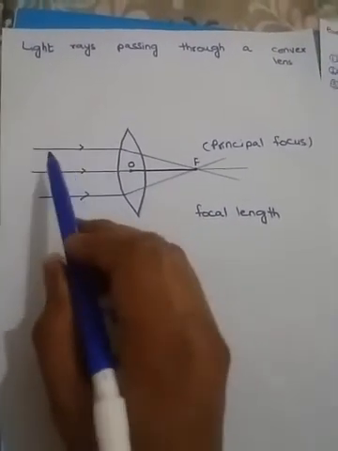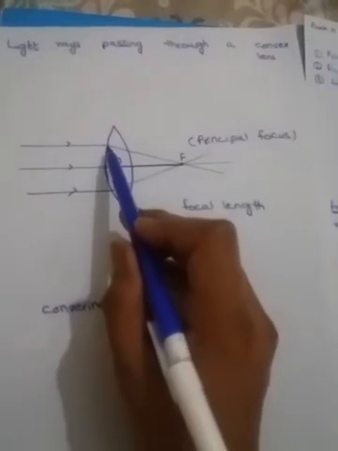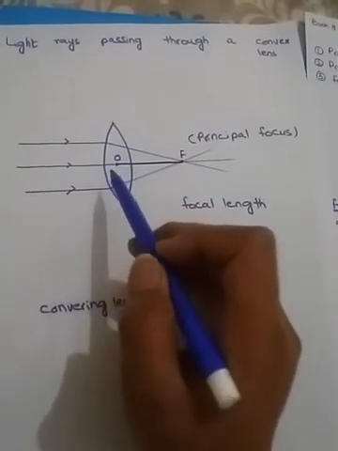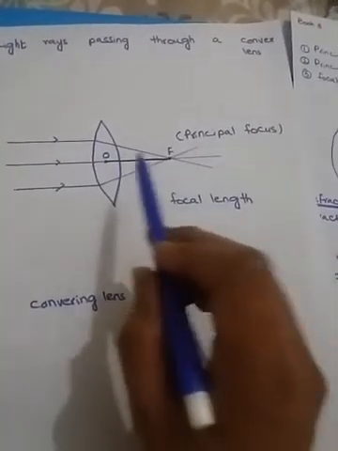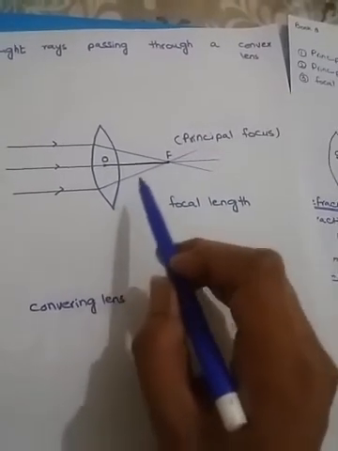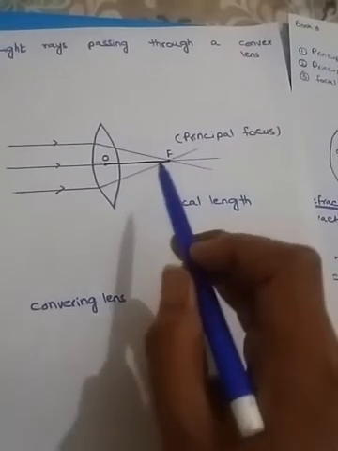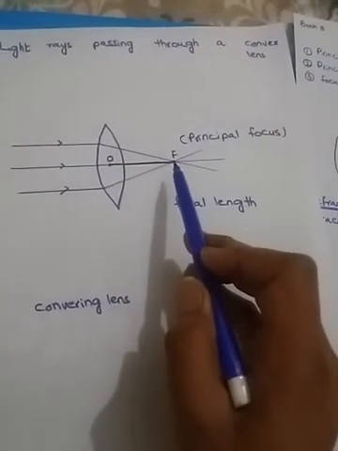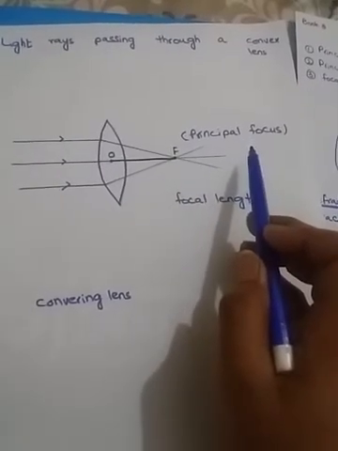These are the light rays, and after refraction they will get bent. They are cutting the principal axis and they will meet at a point and this point is called principal focus.